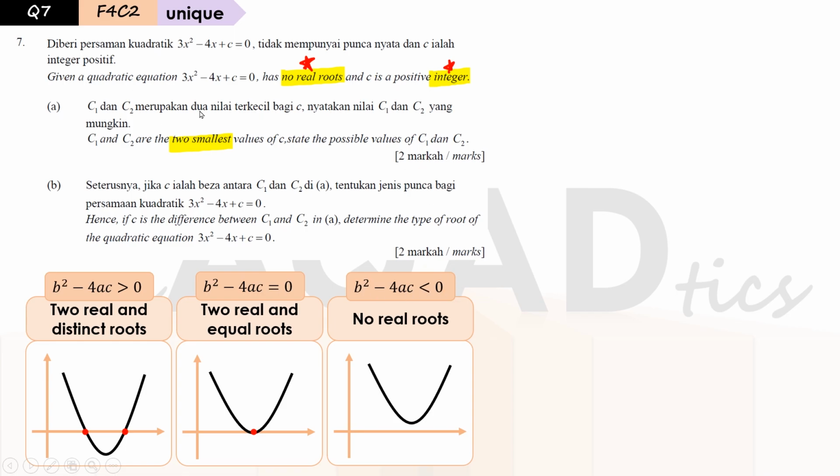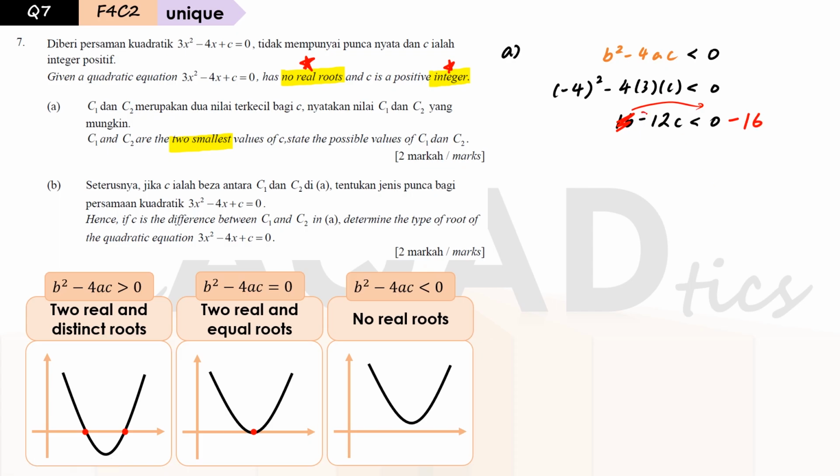The b here would be negative 4, and the a here would be 3, and c would be c. Once we simplify this, it will be something like this. And we move everything which is not c to the right side. The 16 here, we can move it to the right side, so here it would become negative 16.